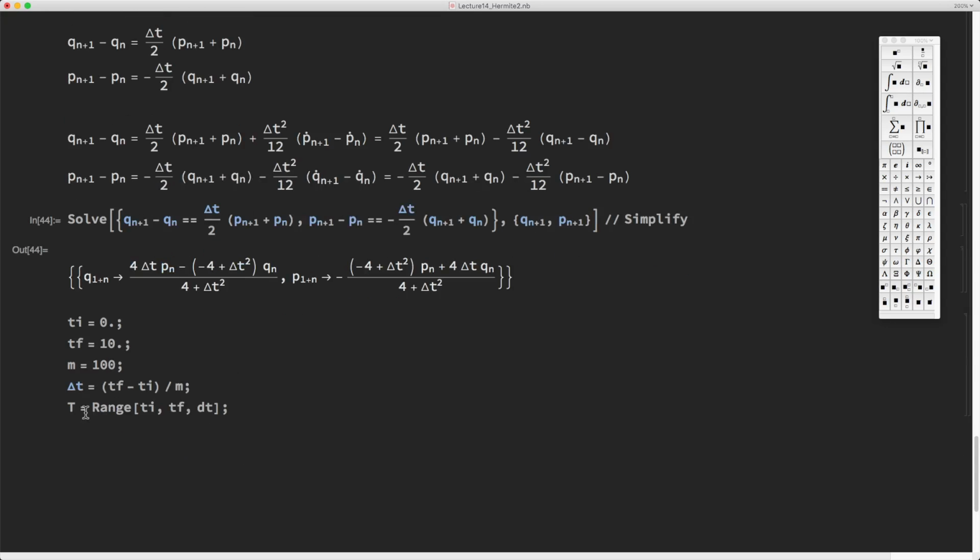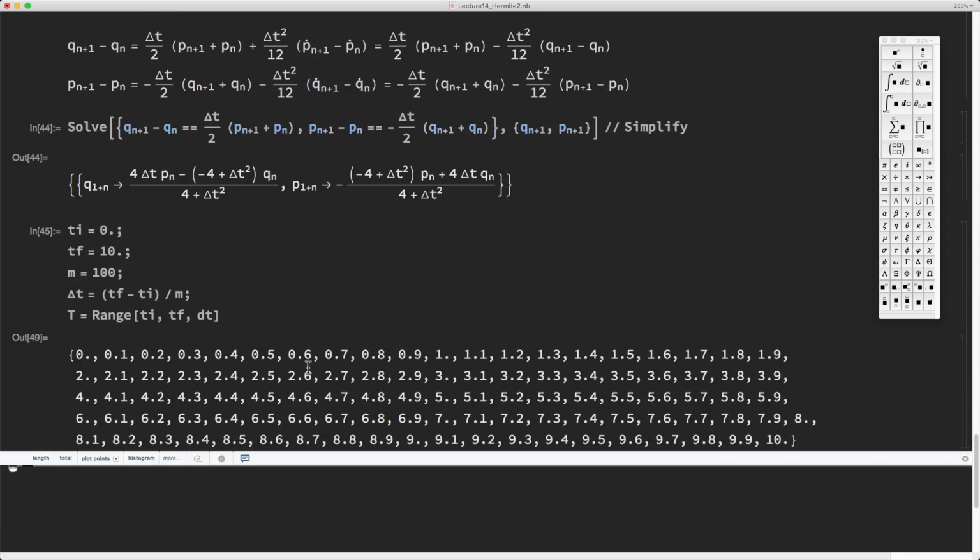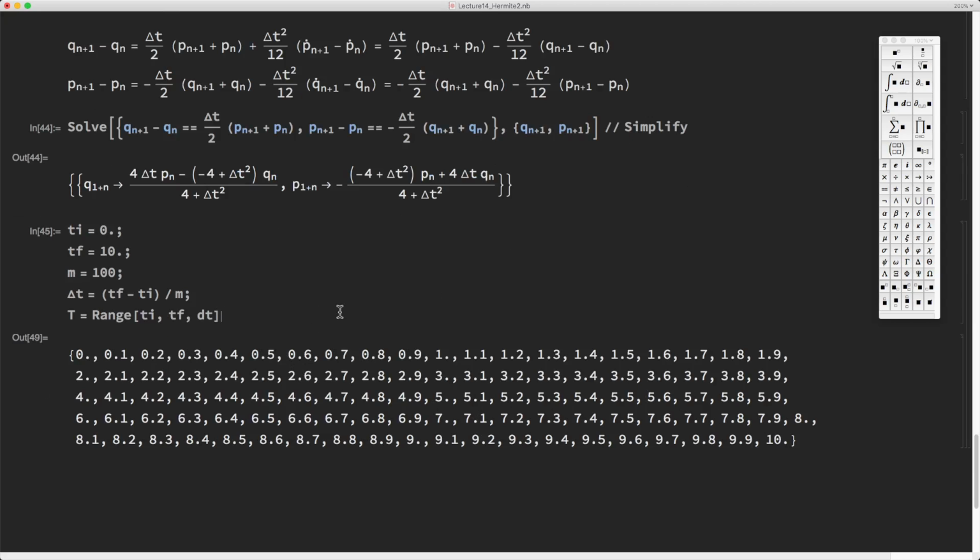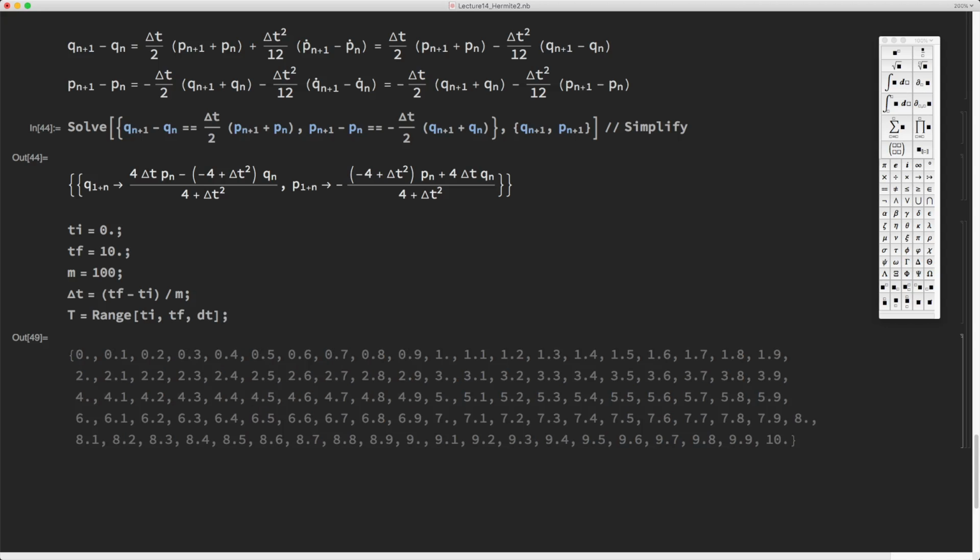And then let's define a time grid to store each instant in time. So we go from 0 to 10 in steps of 0.1. So these are rather large time steps, but we're just demonstrating the method here. Normally you would take smaller time steps to have better accuracy.